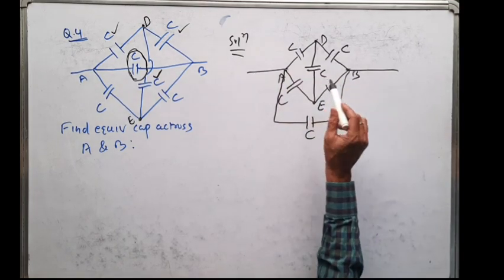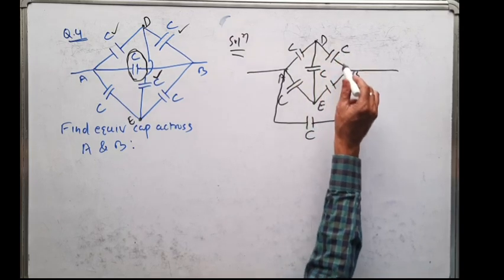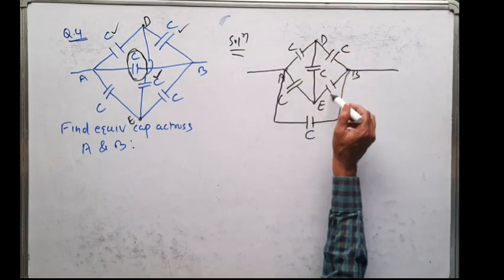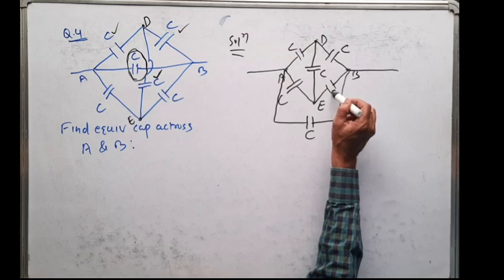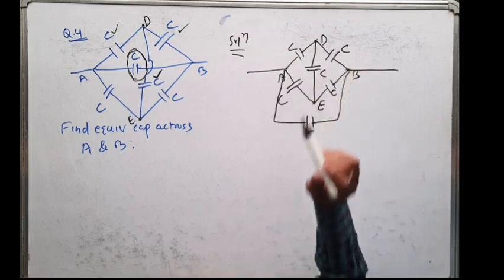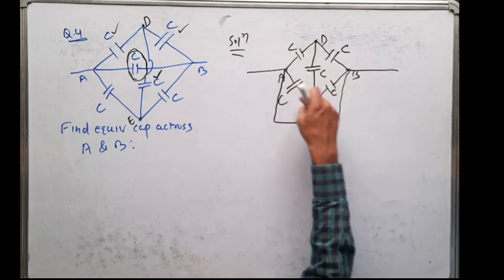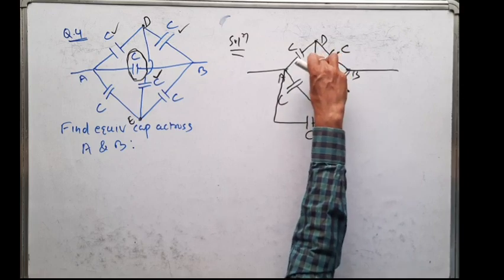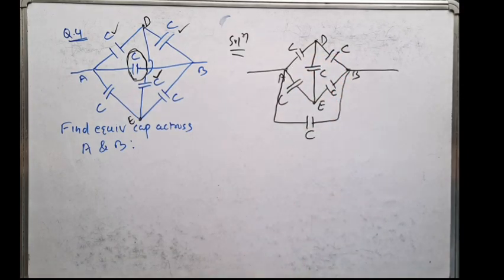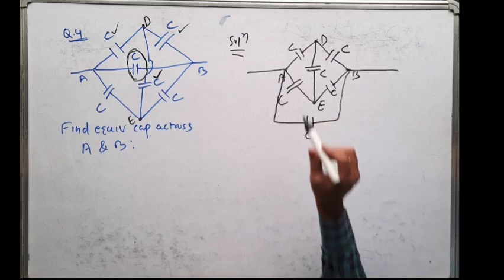Now first of all, we have already solved this problem. This is a balanced Wheatstone bridge, because C into C, C square, C into C, C square. So the middle capacitor has no role, and we can remove it.